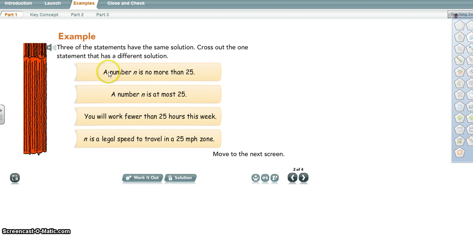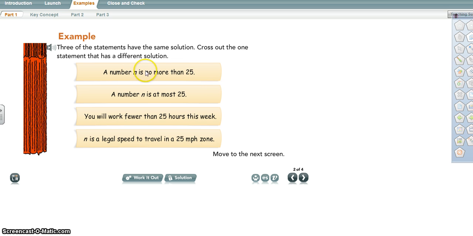Okay, so on the first one, it says a number n, so we don't know exactly what number we're talking about, but we know it's no more than 25. So we have to think, is that talking about numbers that are less than 25 or greater than 25? And we also want to consider, could it be okay to have exactly 25?